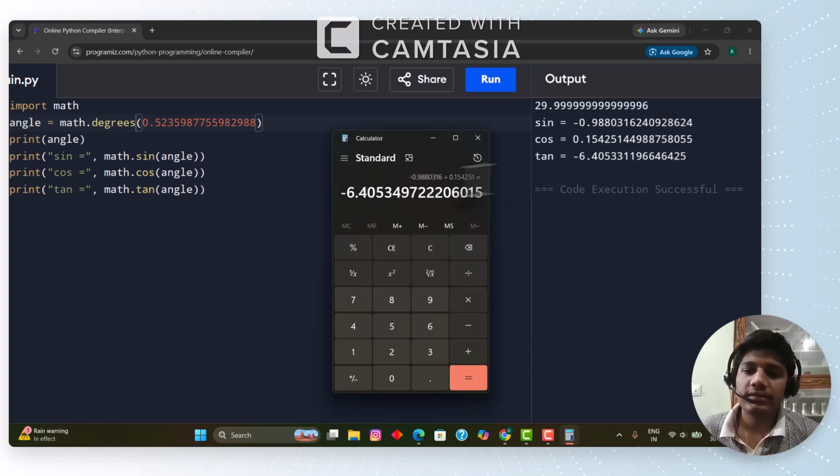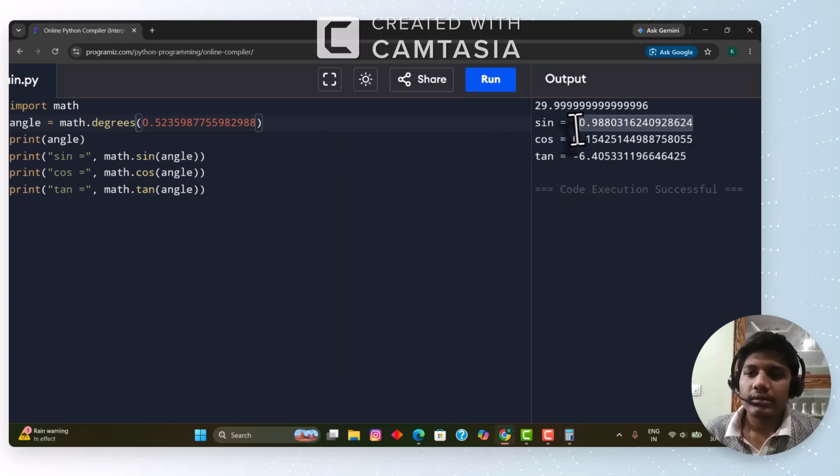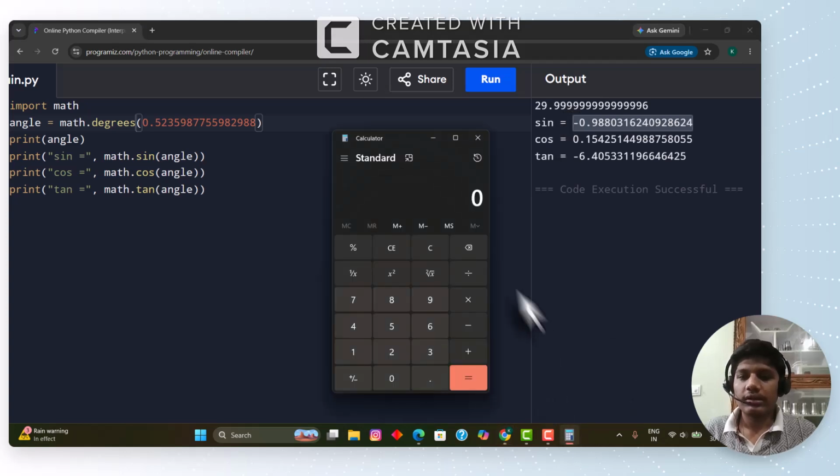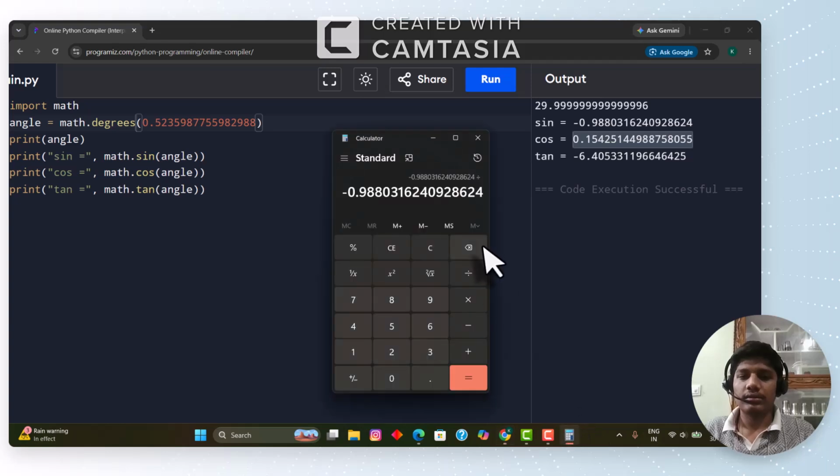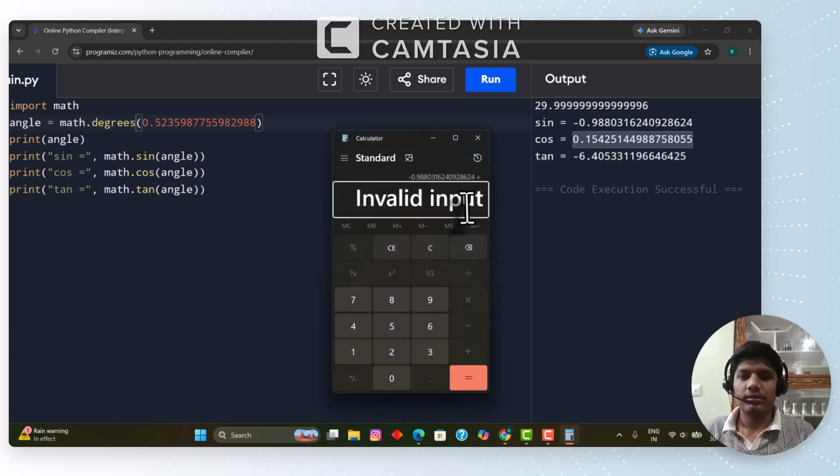So that is the reason it was showing like that. If we enter it in the calculator and divide, oh, it was the n1 input.